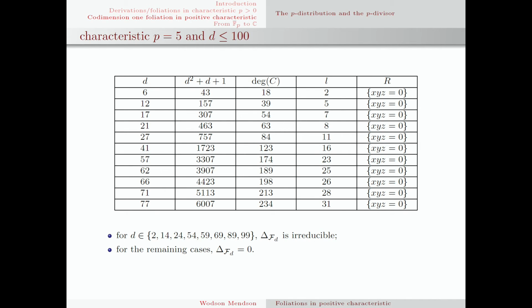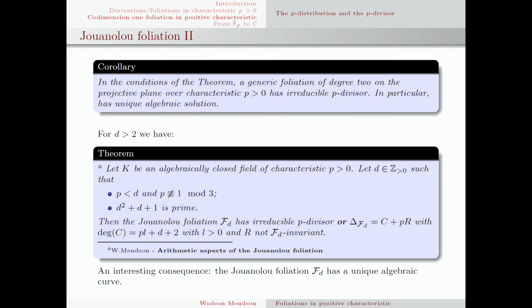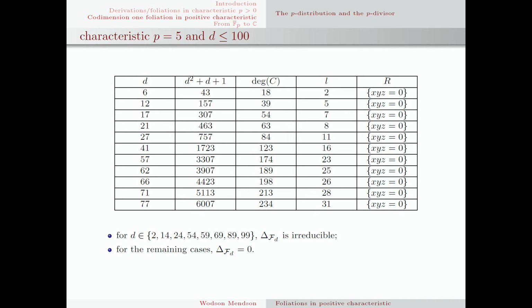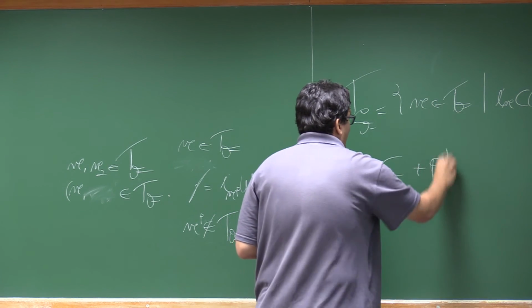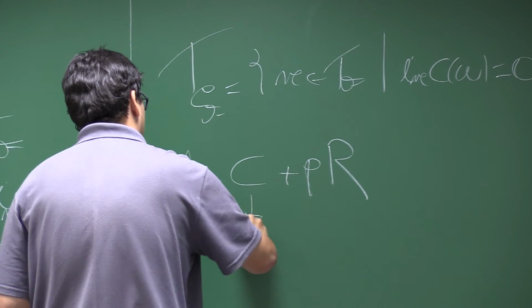Can you explain the table? Yeah, exactly, a little bit. So in the table here, we have the degree of the foliation. Here we have the number of singularities of the foliation. We have the degree of the curve which appears in the p-divisor when the p-divisor is reducible.